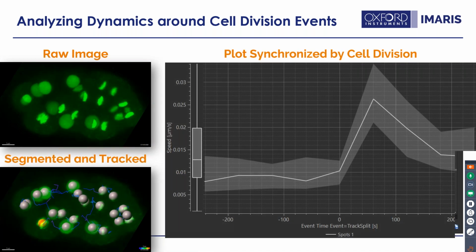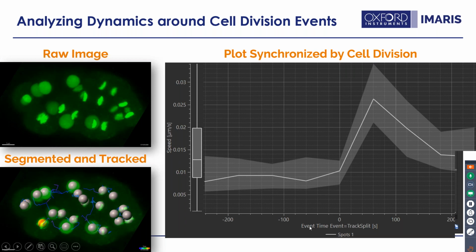And then once you've done that, if you go into Vantage, you will automatically have a plot created for you. It's going to use a new measurement called event time, where for each object that's labeled as an event, in this case the ball of chromosomes right before they divide, so it's the time point right before we see that they've split, they've been labeled as a track split.